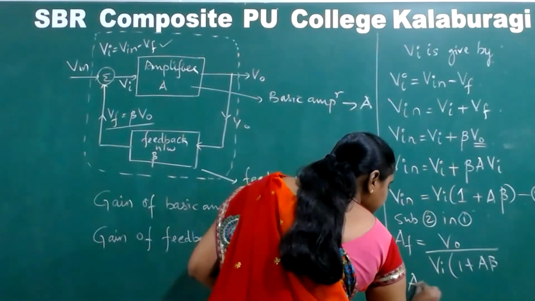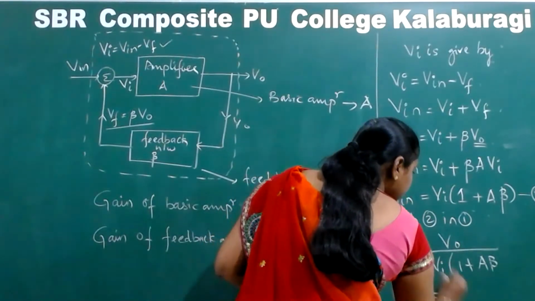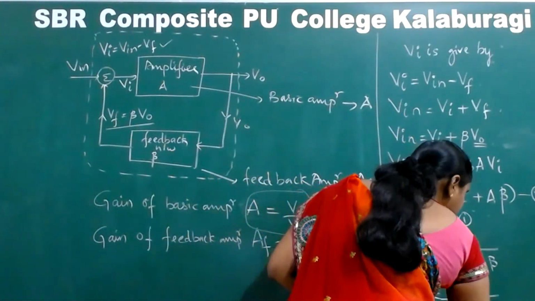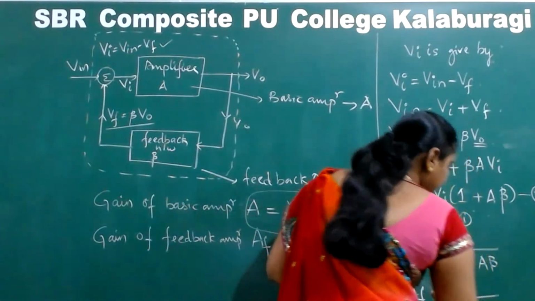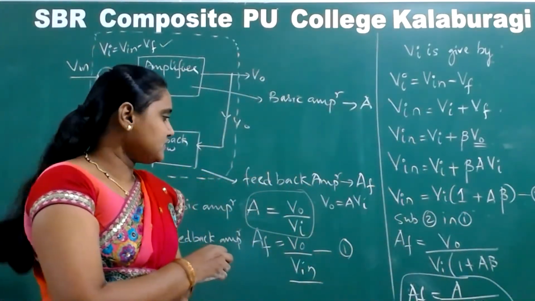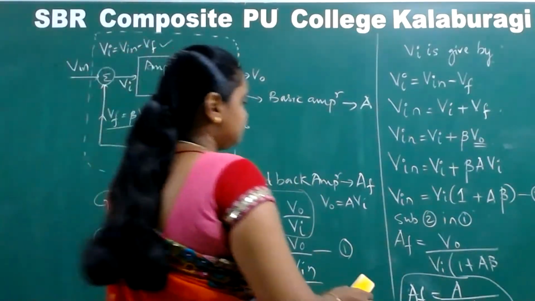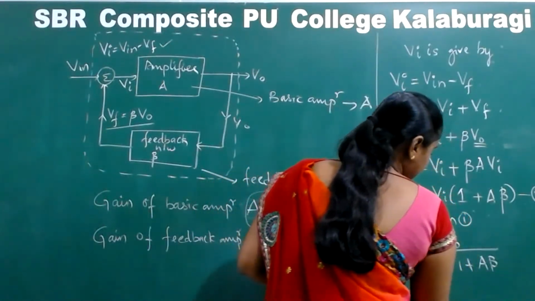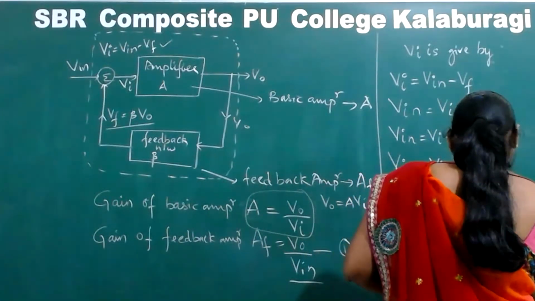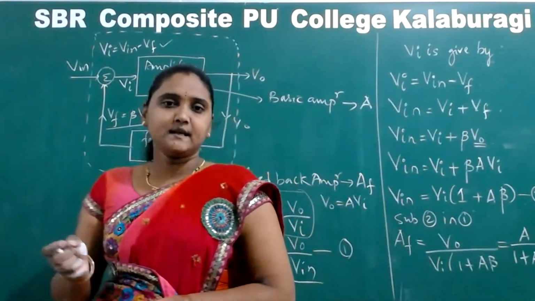That is AF is equal to V naught by Vi, which is A by 1 plus A beta.